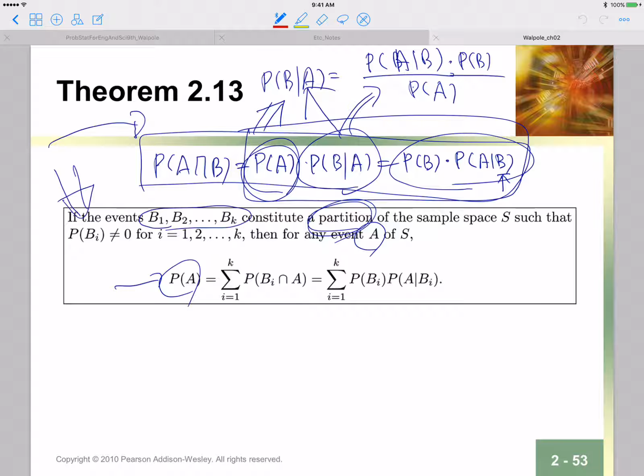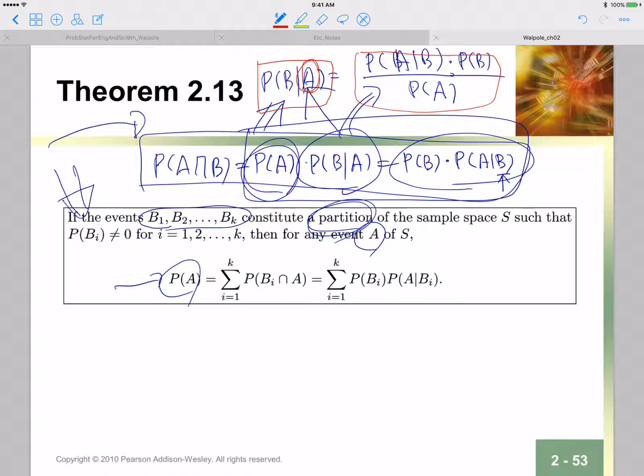Okay, so considering this conditional probability where B happens after A happened, right? In this case, we assume A already happened, and then we consider the probability of B happening, and that probability is represented in this, right?